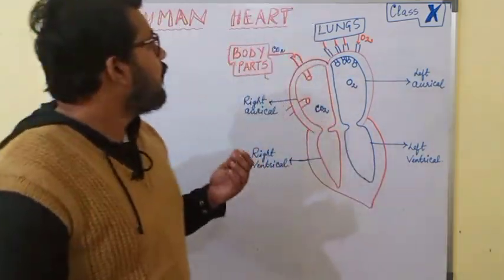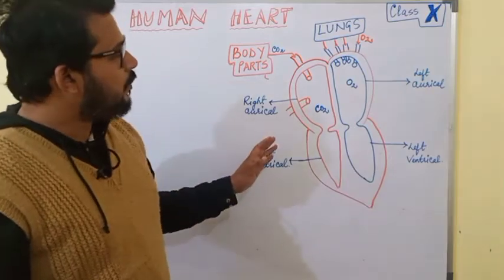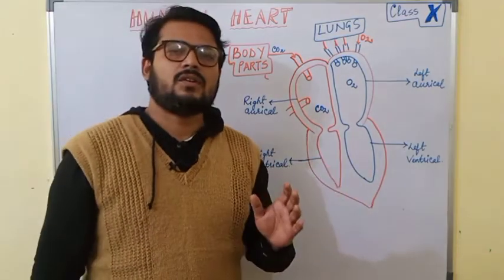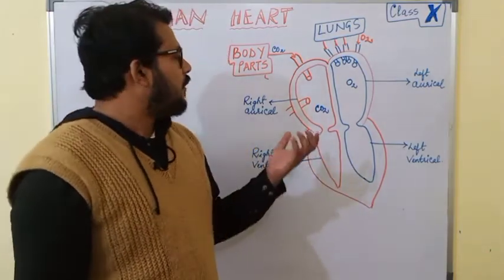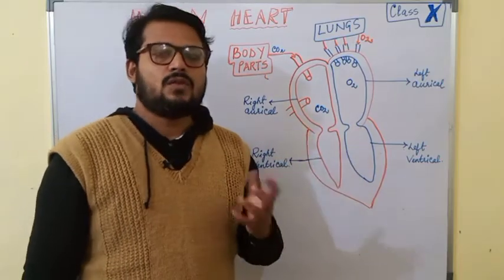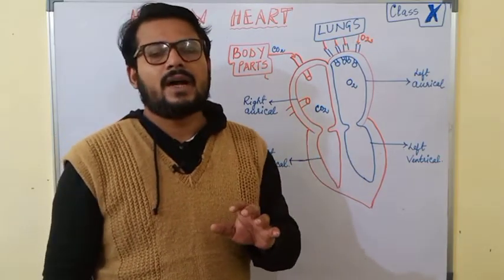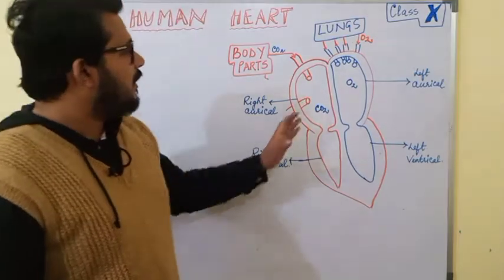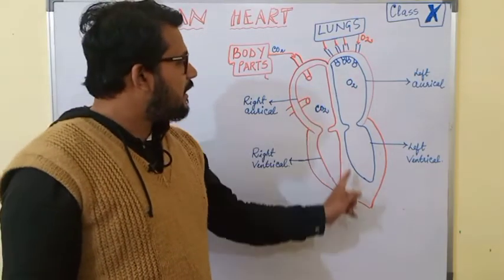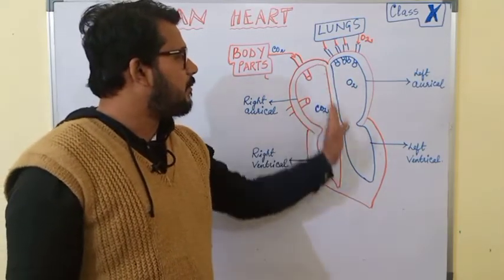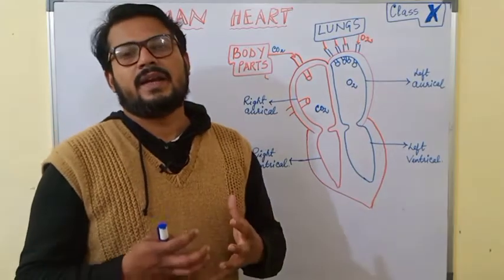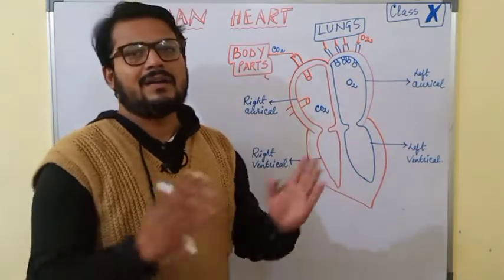So now we will begin with the structure of the heart. First of all, we need to understand the structure of our heart, right? So we all know that our heart is four chambered. Our heart has got four chambers. Mainly the heart is divided by the cardiac septum, right? It is made up of cardiac muscles. The septum divides the heart into two parts.